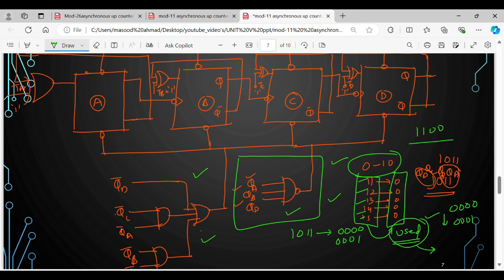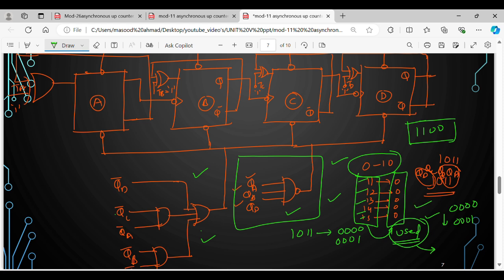There is a possibility that if we load 1100, it may get stuck at 1100. It may not move here and there. Possible. So in order to avoid such getting stuck with certain code patterns, we try to define, for all unused states, a next state that is a used state, which is 0 in this case, and that works.